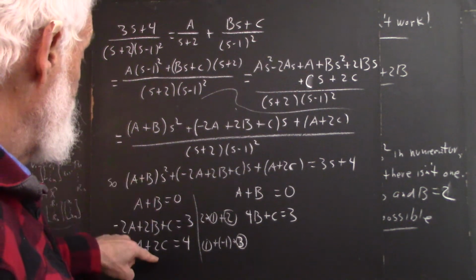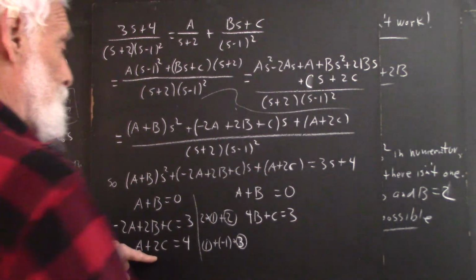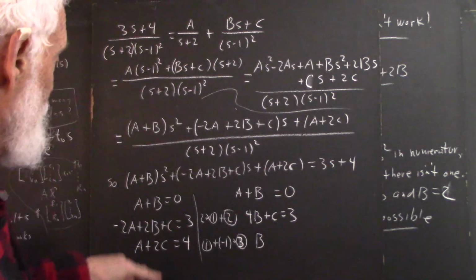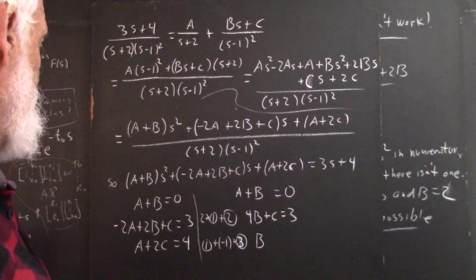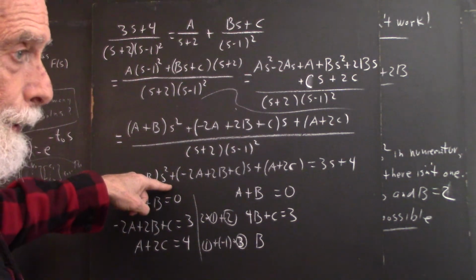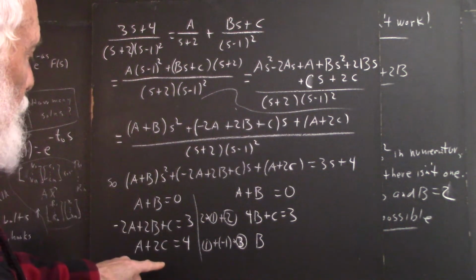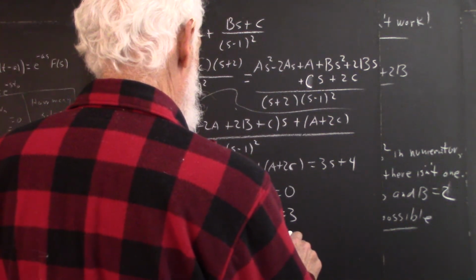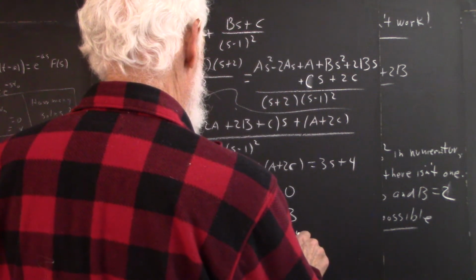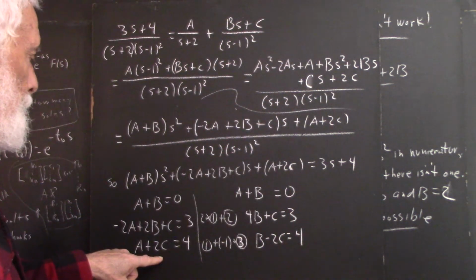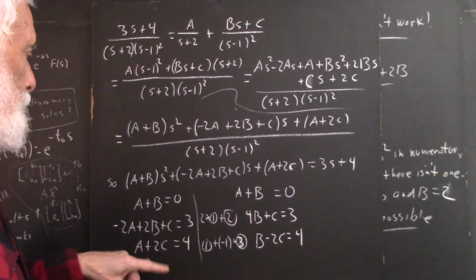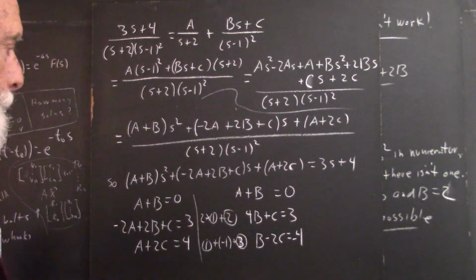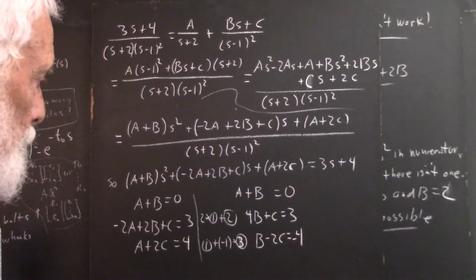The b doesn't have any b down here, so we're adding b to nothing, so we just have b. And then we don't have a c up here. We've got to add that to negative 2c. And here we're going to get a negative 4. Okay?